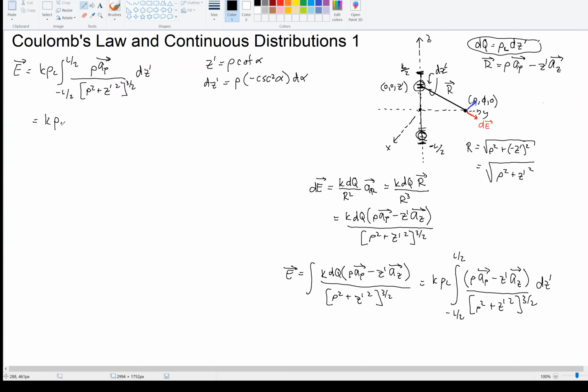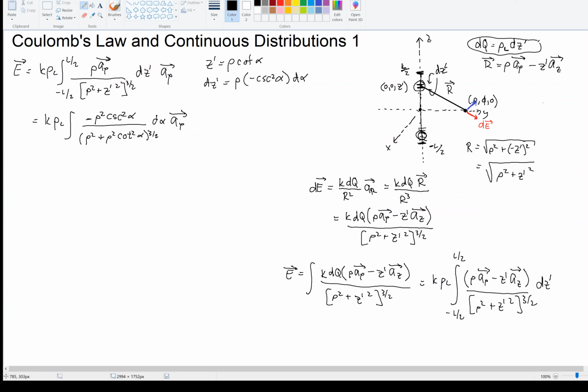So this becomes K rho L, and I'm going to leave off the bounds actually because I'm making a substitution, and then this becomes negative rho squared cosecant squared alpha over rho squared plus rho squared cotangent squared alpha to the 3/2 d alpha in the rho direction. I forgot the rho direction up here.